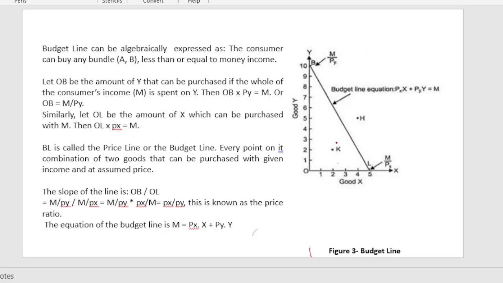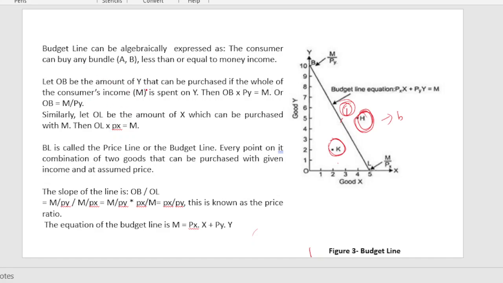So I can buy K and T, because they are on or within the budget line. I can afford them. I can buy all these combinations, but not H, because it is outside the budget line. I can't afford it because its price is greater than my money income. So I can afford T and K because they come under or equal to my money income.